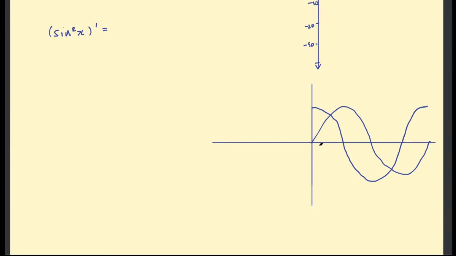I'm trying to remember why the derivative of cosine is negative sine.